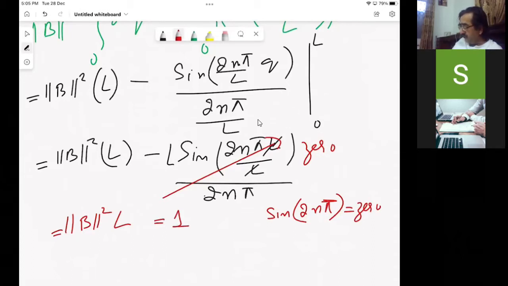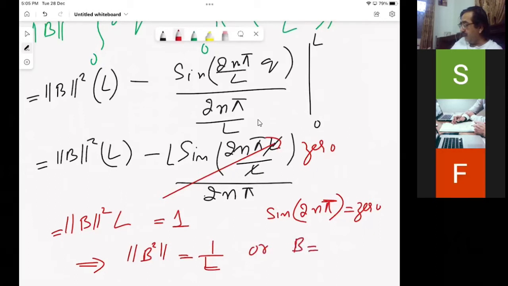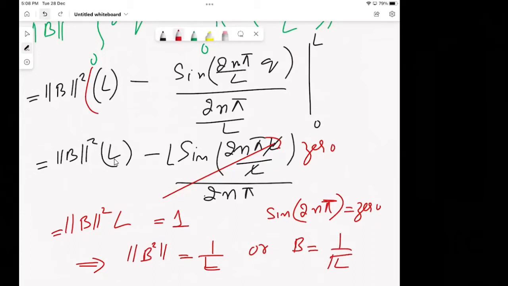This implies that B square is equal to 1 over L. Got it? Or B is the square root of 1 over L. B multiplied by 0 is 0.